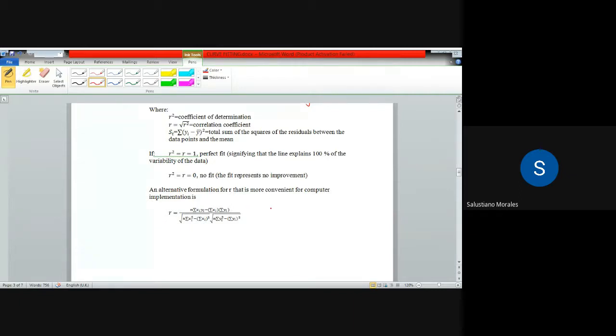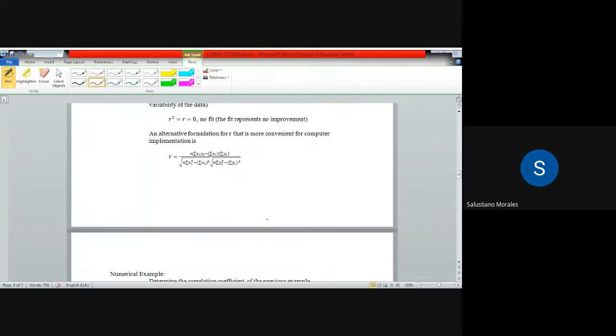So n multiplied by the summation of xi yi minus the summation of xi multiplied by the summation of yi, divided by the square root of n multiplied by the summation of xi squared minus the summation of xi then squared, multiplied by the square root of n multiplied by the summation of yi squared minus the summation of yi then squared.